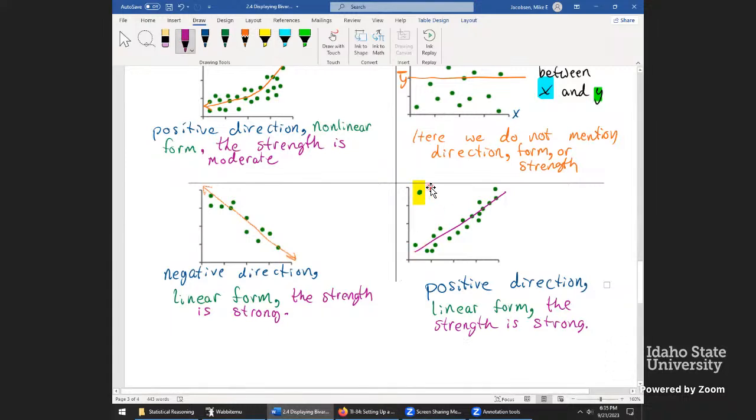Any observation that just doesn't fit with the pattern of the data, that looks weird, like that one, is an outlier. So we'll say here, the observation in the, let's just say upper left, I think that's the best way to describe it. Upper left is an outlier.